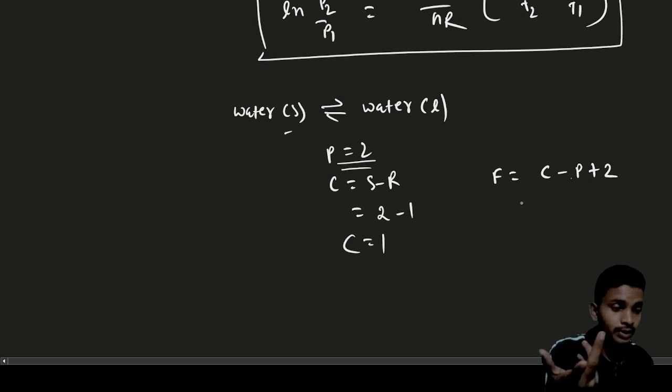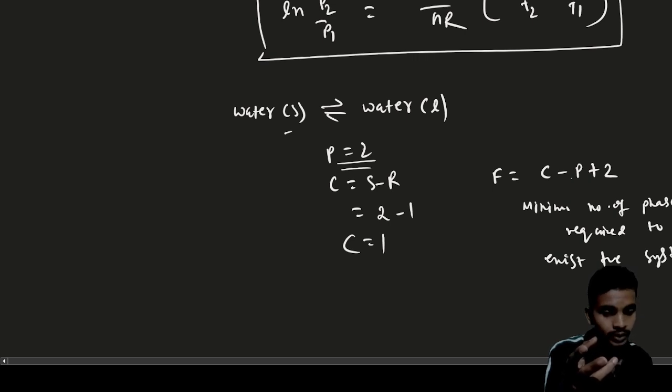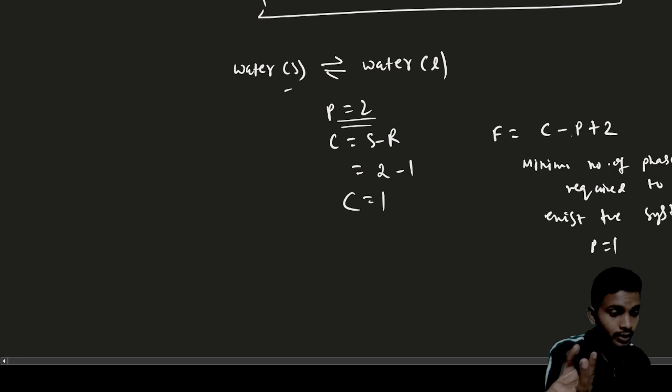So for a system to exist, the minimum number of phases required is P equal to 1. Here phase is 2, but the minimum number so that the system exists is 1.